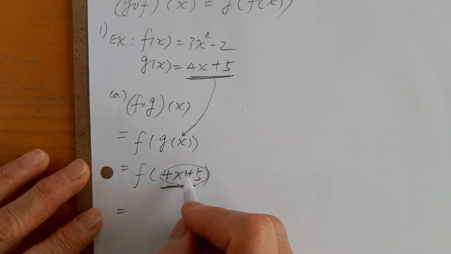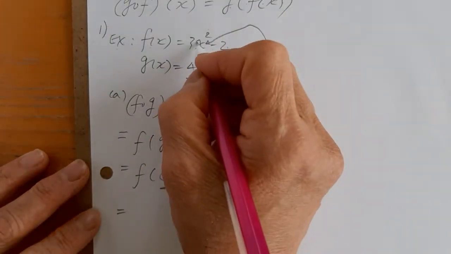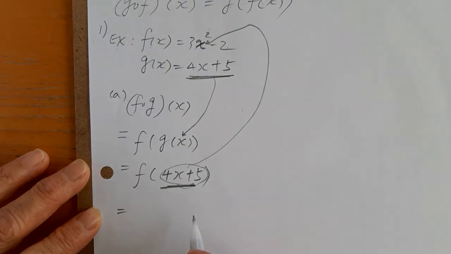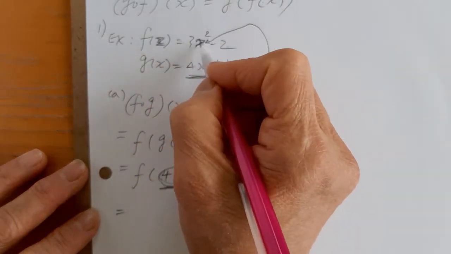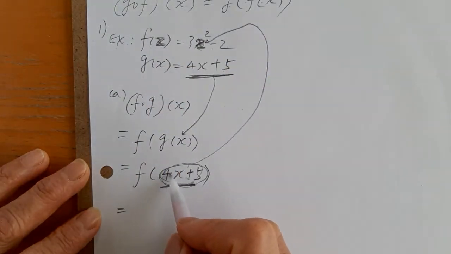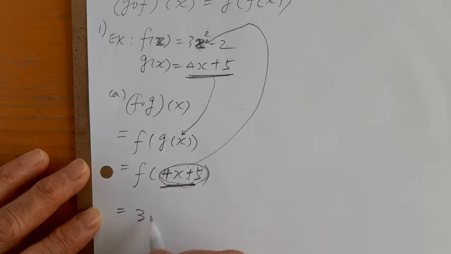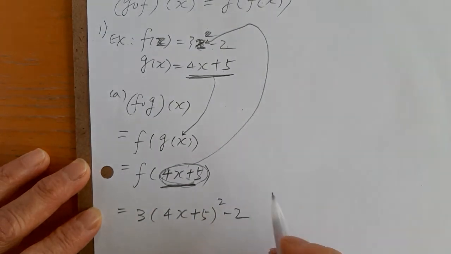This 4x plus 5 is put into the f function in x. You can treat it like a capital X put into this x. So this x is substituted by 4x plus 5. So we get 3 times (4x plus 5), squared, minus 2.